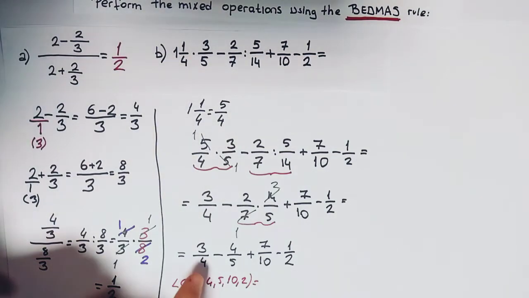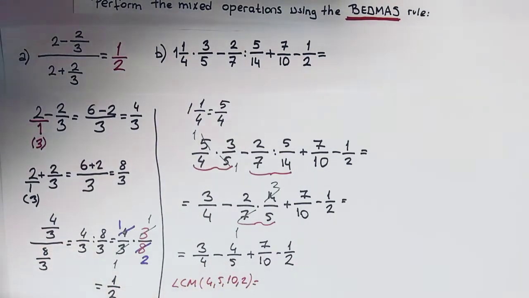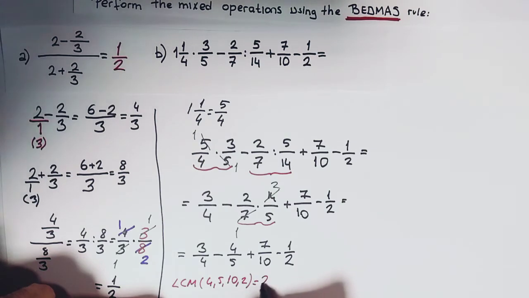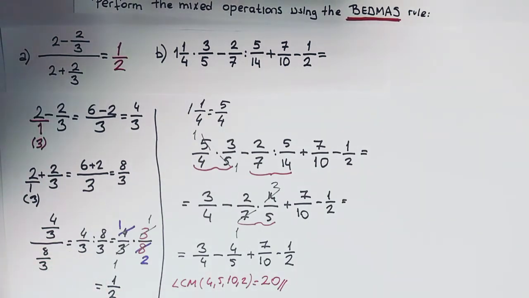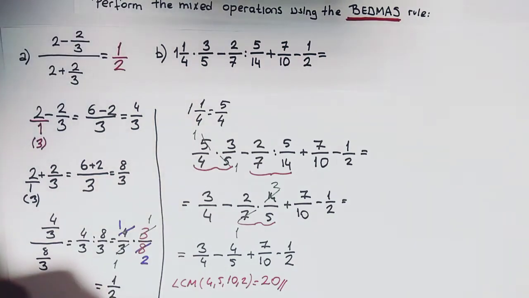As you guess, yes, you are right, the LCM is 20. It means we have to multiply these rational numbers: the first one by 5, the second one by 4, the third one by 2, and the last one by 10.